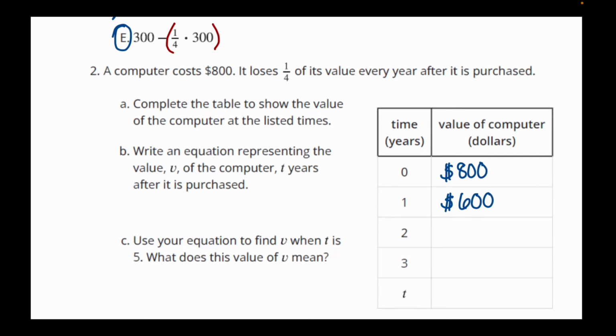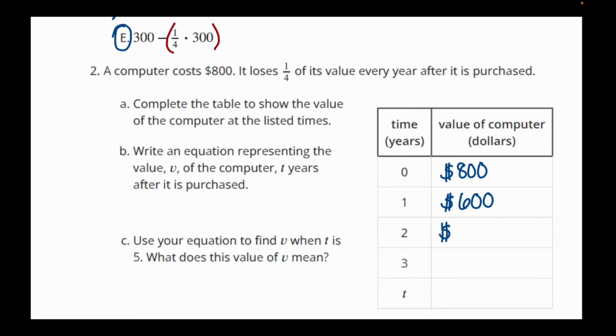Then the next year, it's not just going to lose $200 because it's no longer worth 800. So we're going to actually then multiply our 600 by 3/4, or if you prefer decimals, that would be 0.75. And I highly suggest you do that on a calculator.